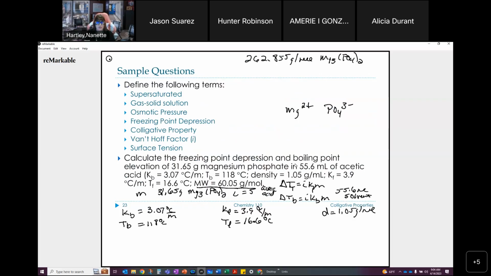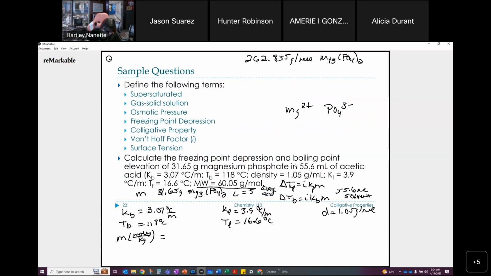Now, two calculations that I want to do, delta Tf and delta Tb. I need to calculate a molality for both of them. So I'm going to calculate that molality first. My molality, again, is moles per kilogram.